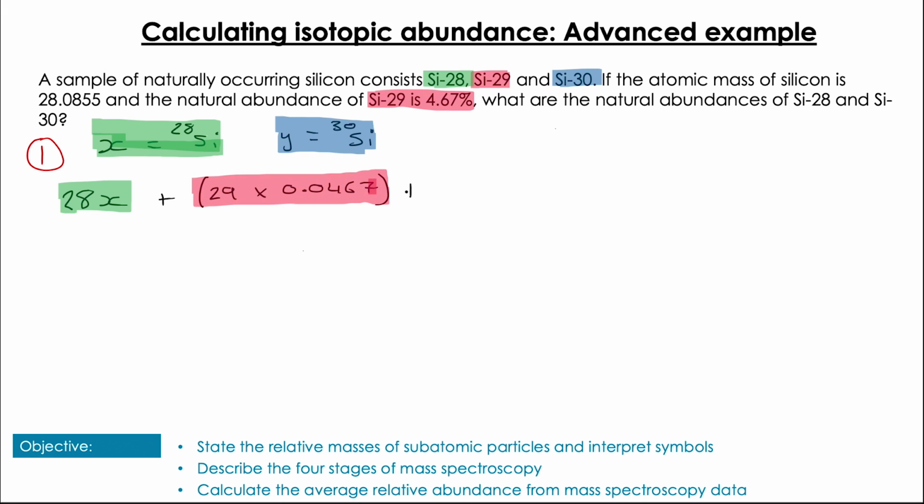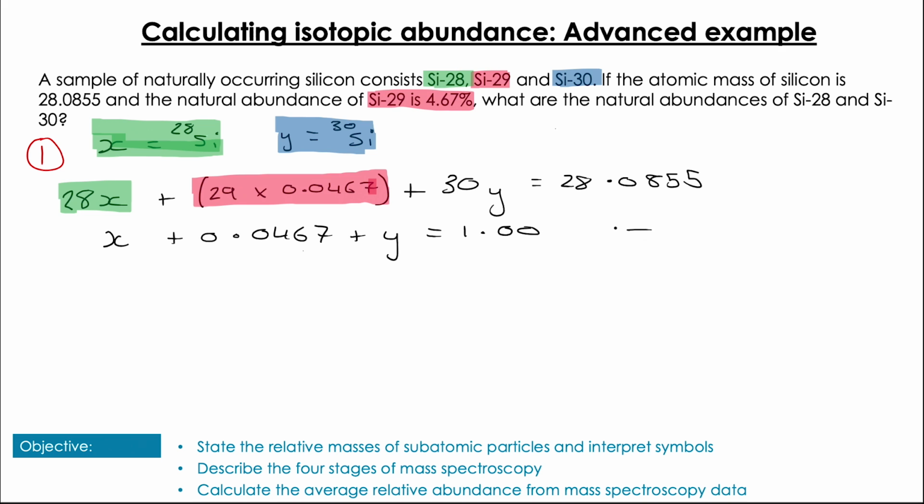And then plus 30Y, which is the abundance of silicon that we don't know yet, equals the isotopic abundance they gave us in the question. And we can also express this in the relative and simplified form, just giving the abundances, which is going to give us X plus 0.0467 plus Y is equal to 1. Just like it's out of 100 as it was in the previous question.